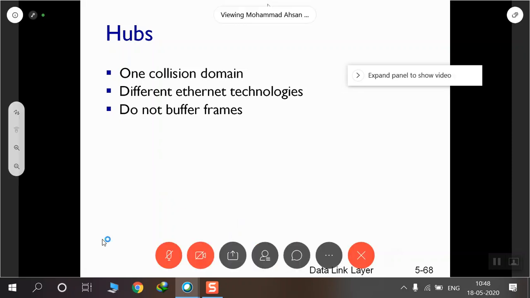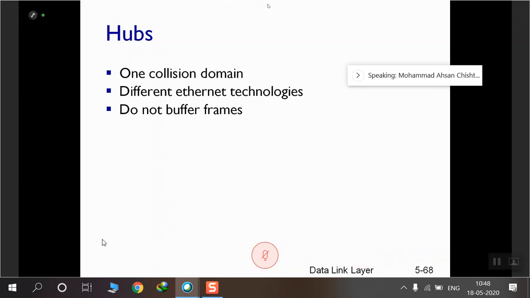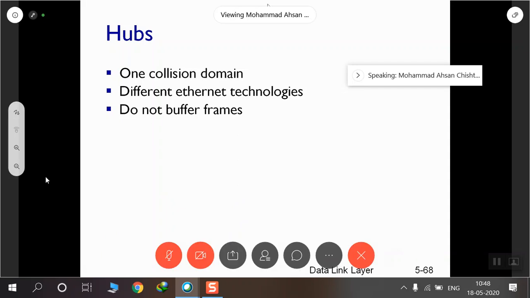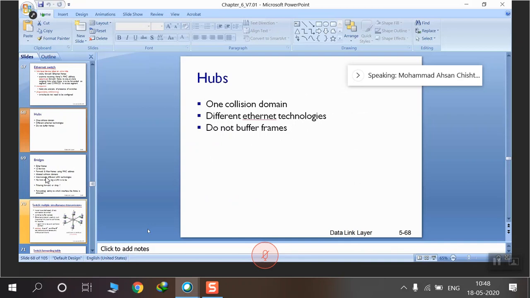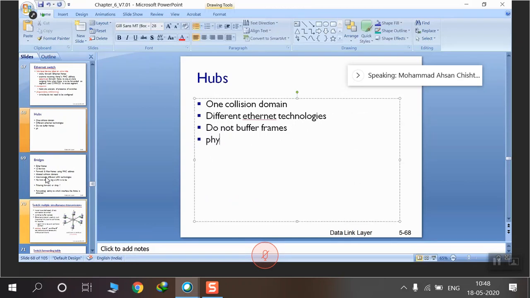So the problem with the hubs that we saw here was that the packet that was broadcasted would spread across. So that's what we call a single collision domain. And hubs do not buffer frames. Hubs operate in bits rather than on frames, so we'll consider them as physical layer devices.